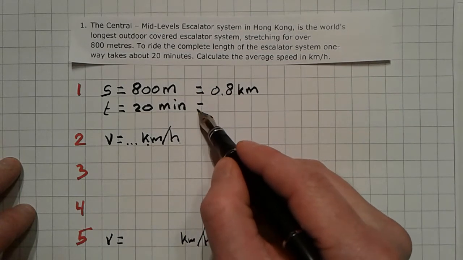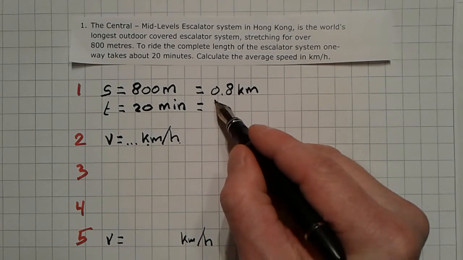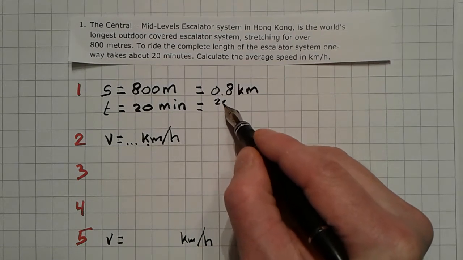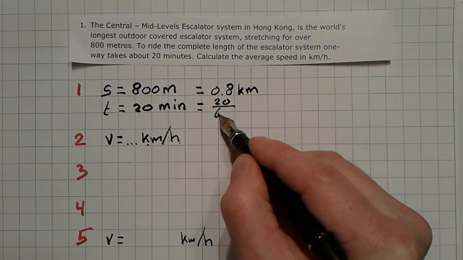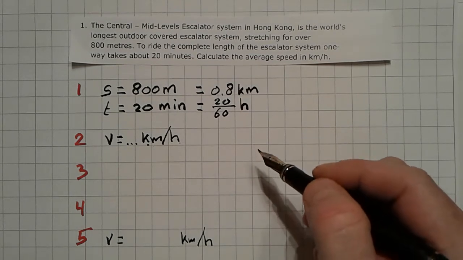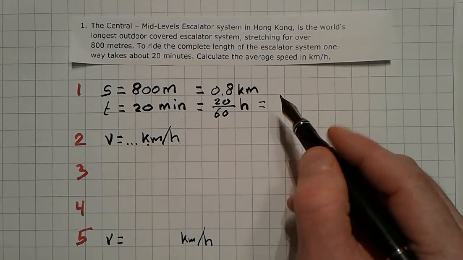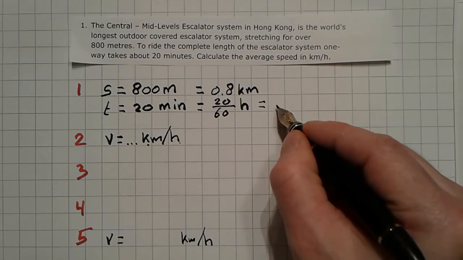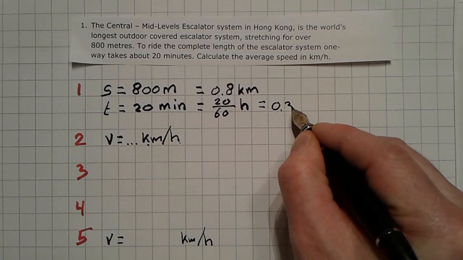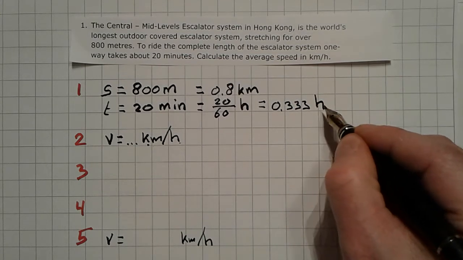20 minutes. Now there are 60 minutes in an hour, so we have to divide by 60. So you do 20 minutes over 60. So we have 20 over 60 hour. Now 20 divided by 60 is 1/3. So that is 0.333 hours.